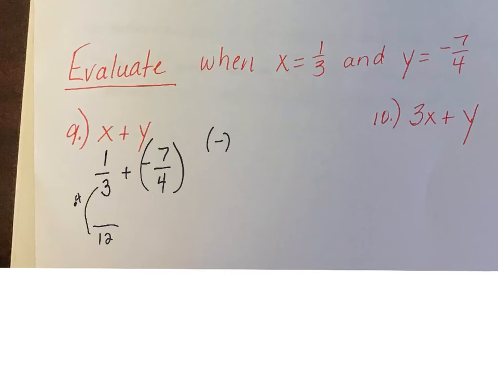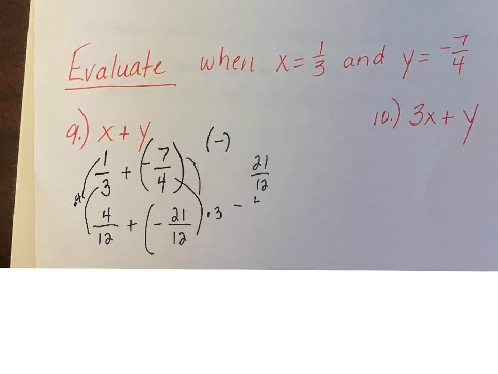So 1 times 4 is 4. Oh, nice, that said 3 times 4. I knew that. Big brain. 12 here. 4 times 3 is 12. So 7 times 3 is 21. Drop the signs. 21 over 12 goes on top.